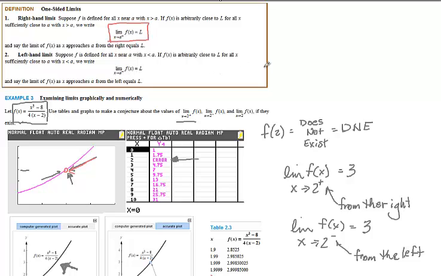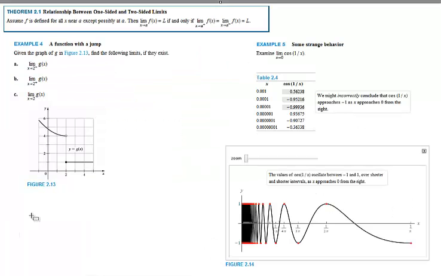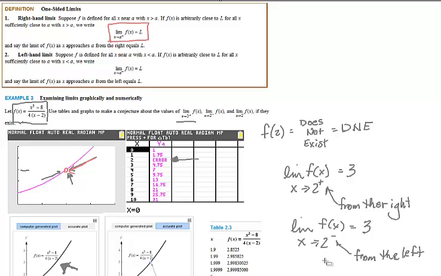Then our next theorem will say that if the left hand limit equals the right hand limit, then the limit exists. Notice that the left hand limit and the right hand limit are equal. Therefore, I can say that this limit exists.